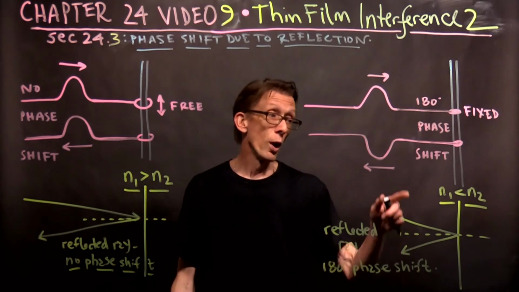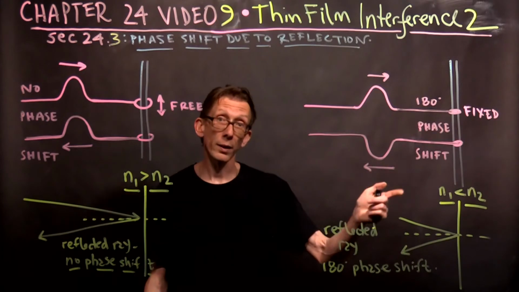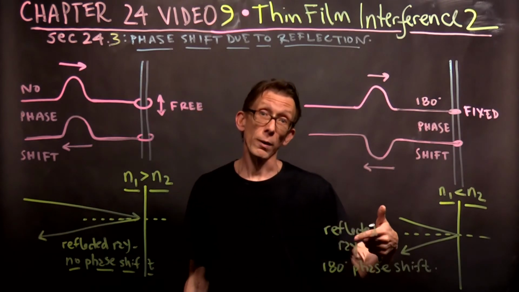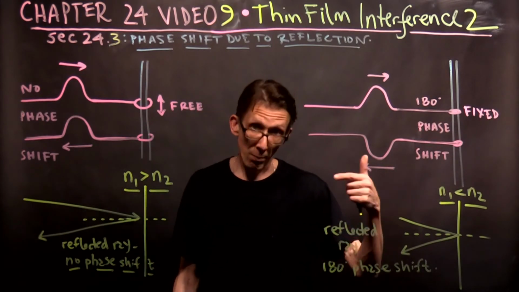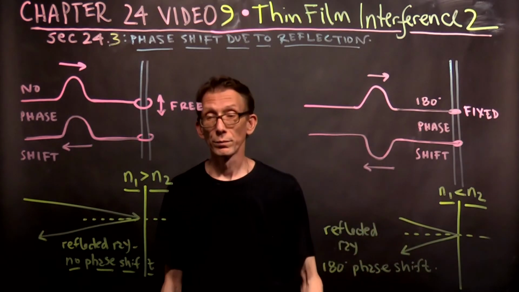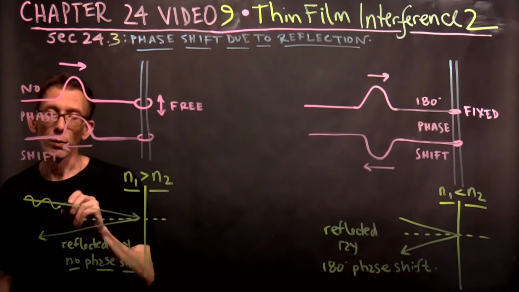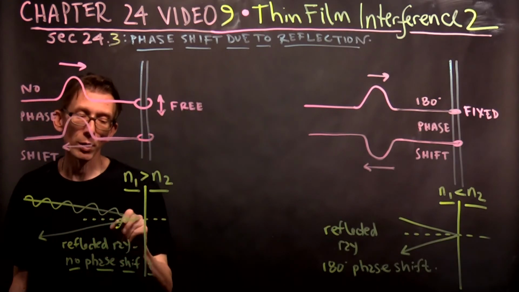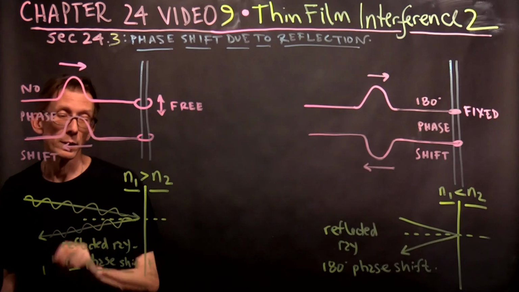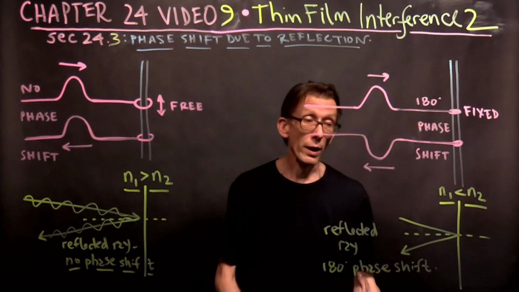When you go from a low index to a high index, the waves are perfectly out of step with the incident ray. And part of the problem here is that it's a little more difficult to draw the waves. But whenever you see a ray, think about waves.